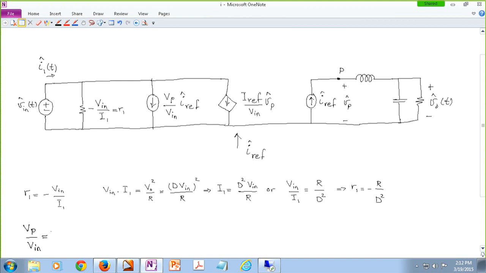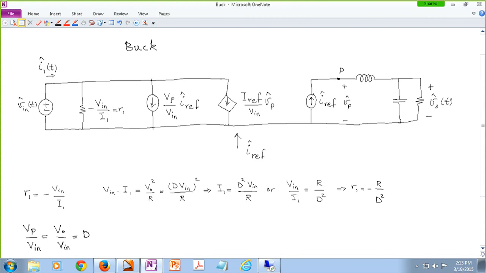Remember, this is particularly for the buck converter. Let me also write the word buck up here. And the pole voltage in the buck converter is the same as the output voltage. So we are looking at the output voltage over Vn, which is basically D.